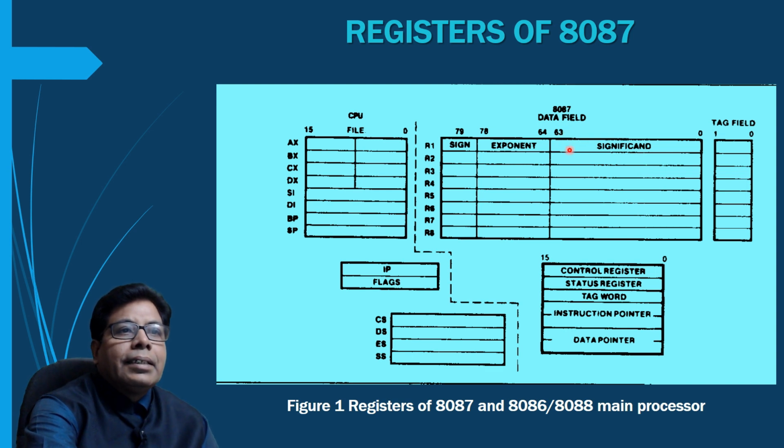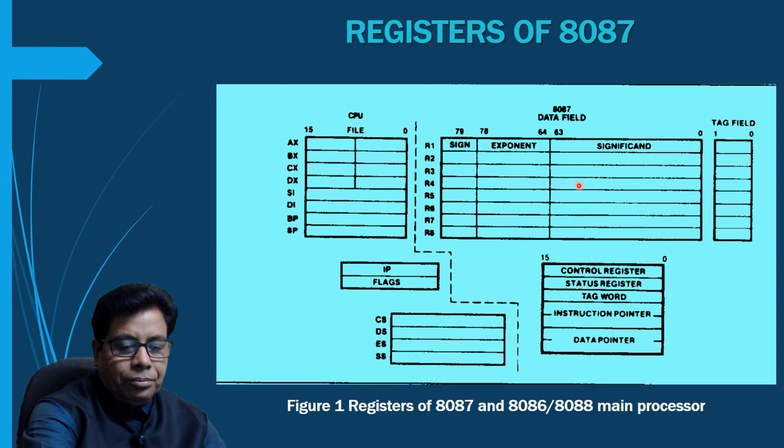These are the data registers R0 to R7, they are designated. Then we have the control register, status register, tag word, instruction pointer and data pointer. Now these data registers have 3 fields: sign, exponent and significand. We'll see the details when we study the data types.